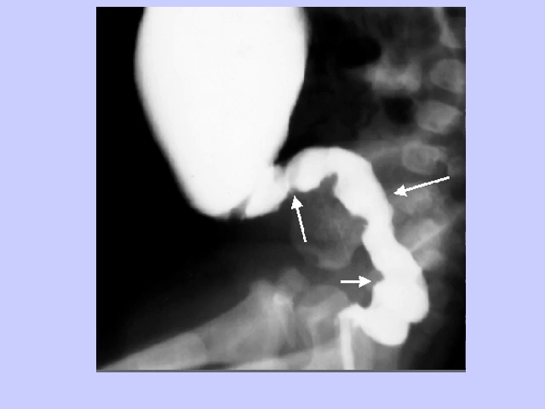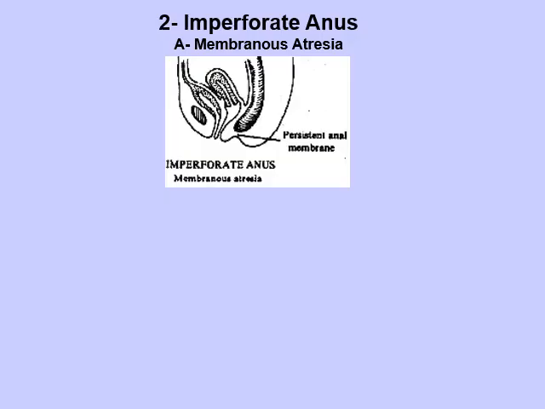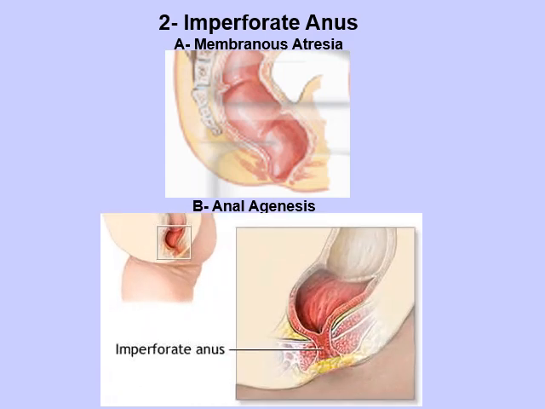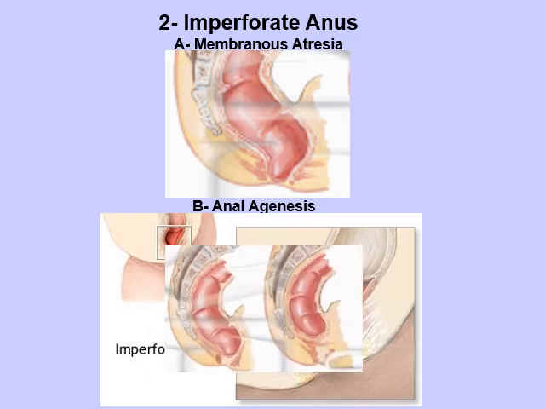This is its shape in the picture. Second, imperforate anus, because normally the cloacal membrane ruptures. Imperforate anus may be due to failure of rupture of the cloacal membrane, plus anal agenesis, failure of development of the anorectal part due to incomplete division by the developing urorectal septum.